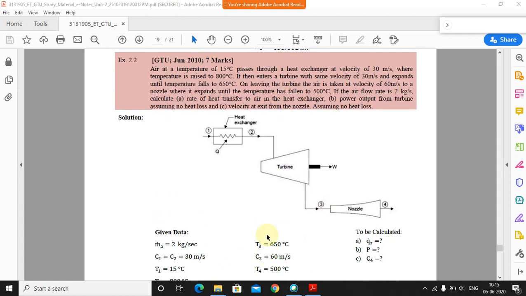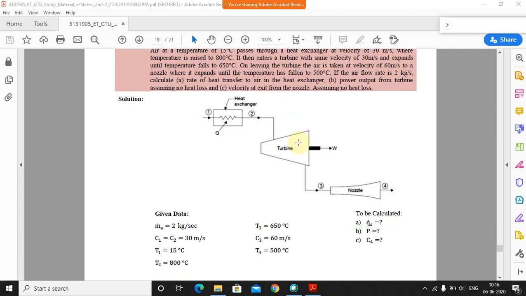Okay, anything else? The temperatures 1, 2, 3 and 4 are there, and the velocities: the first is 30 meters per second, the second is again 30 meters per second, and the third is 60 meters per second, so that is given also.